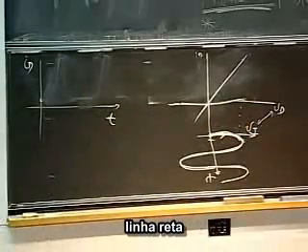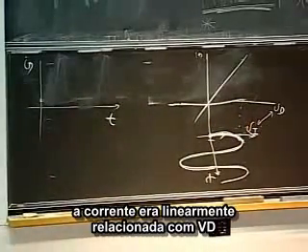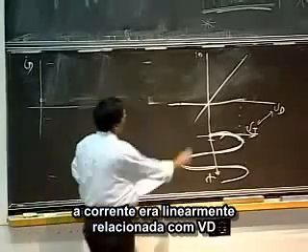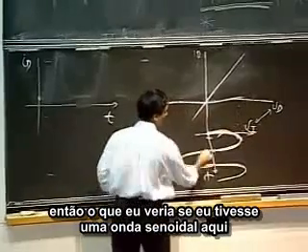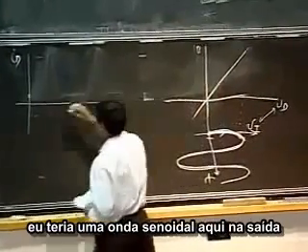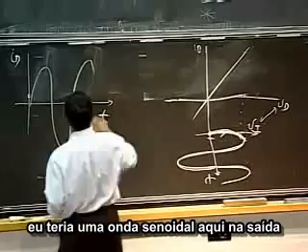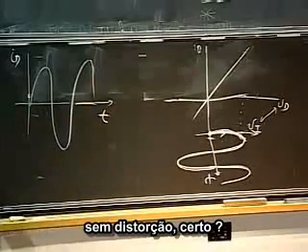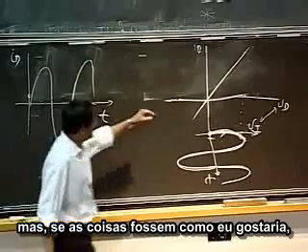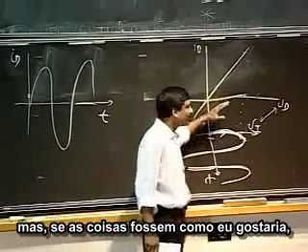Okay, straight line, where the current was linearly related to VD. Then what I would see is if I had a sinusoid here, then I would get a sinusoid here. No distortion there, right?